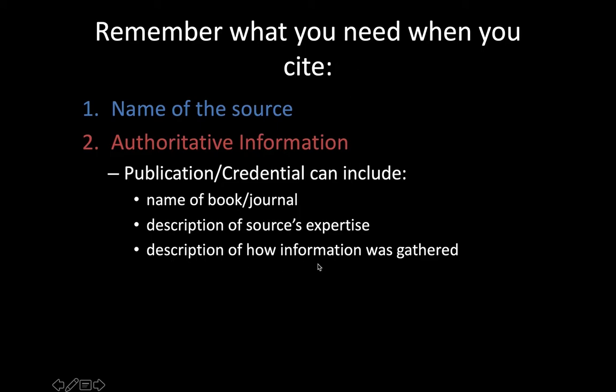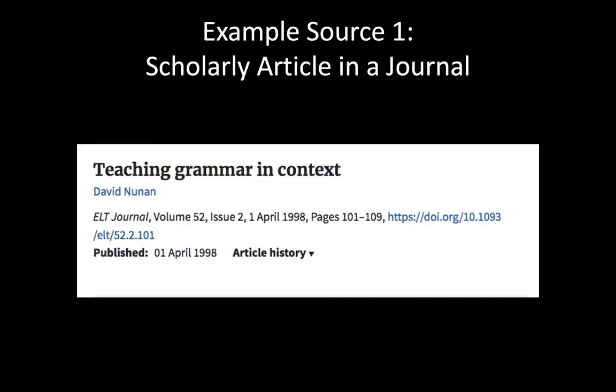Also, you can tell us how the information was gathered. But we need some information that tells us this is authoritative. Sometimes the name does this automatically, but sometimes you have to add something else. And then finally, the date is good for this. So keeping in mind those things that we need, a name, what makes it credible, and a date, let's look at some examples of how you can do this.